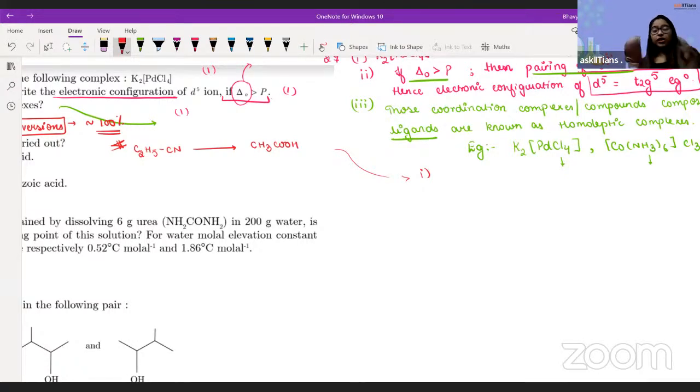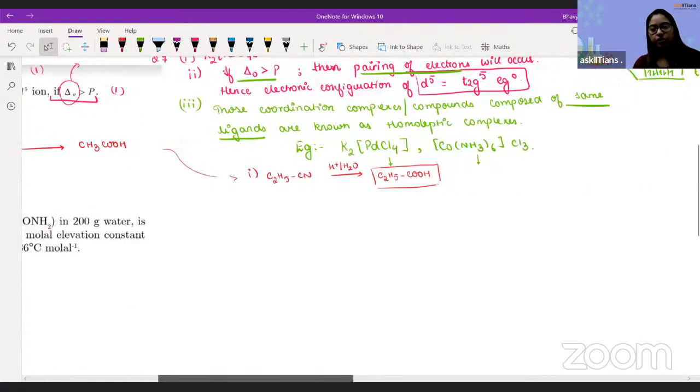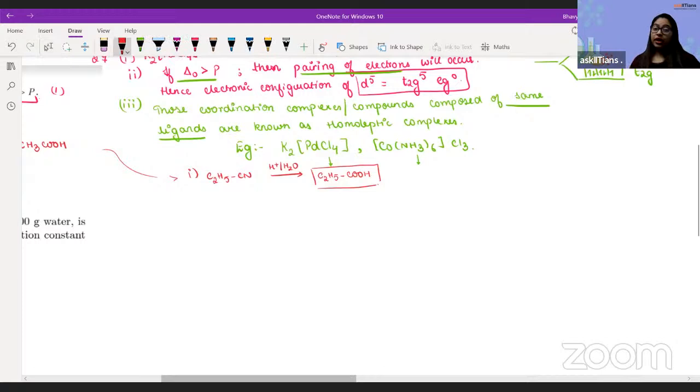Now here, since I have to reduce it by just 1 carbon, first I do acidic hydrolysis. The moment I do hydrolysis in the presence of an acid, it gets converted into COOH. Then I'll treat it with sodium hydroxide to get it in the form of its sodium salt.